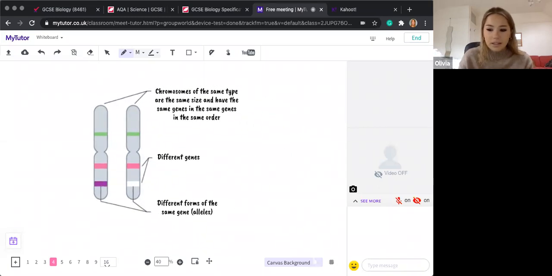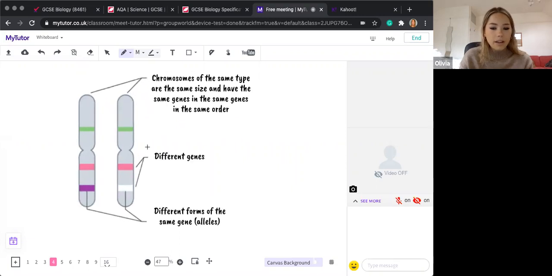So we've got a chromosome and we've got a pair of chromosomes. In our cells, it would be one from each parent, one from mum and one from dad. Remember, a chromosome is made of DNA and it contains our genes, which are small sections of DNA. We can see here that we've got different genes in different colours.